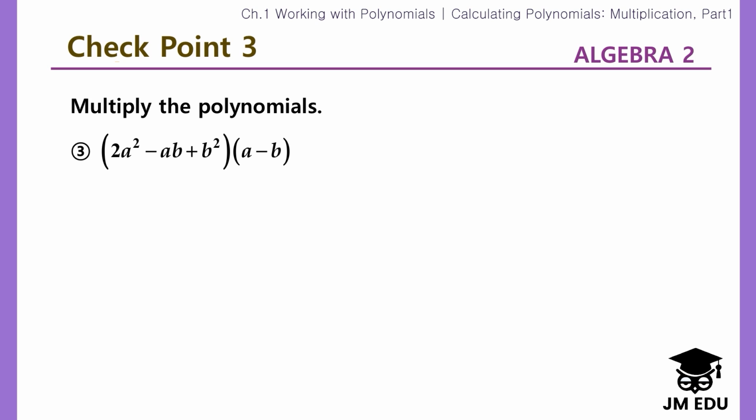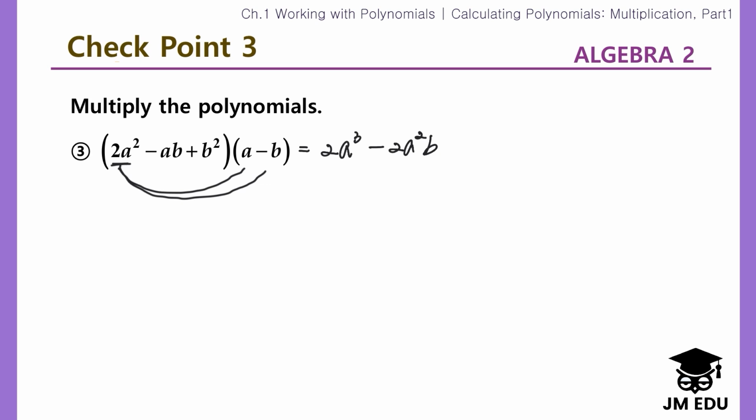Number 3, we have a trinomial times binomial. Starting from 2a squared times a, that's 2a cubed. 2a squared times minus b, that's minus 2a squared b.